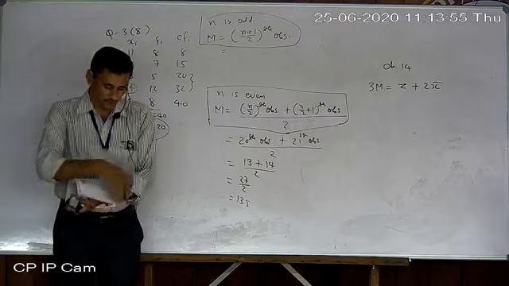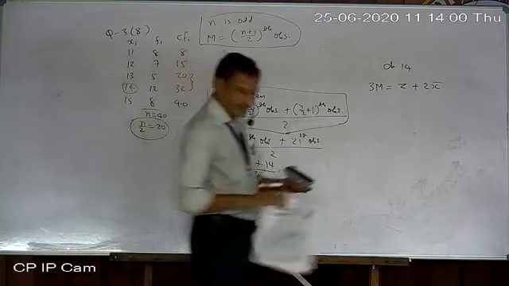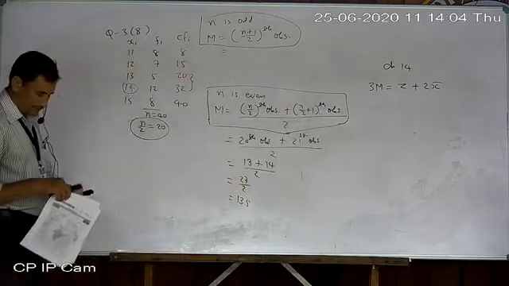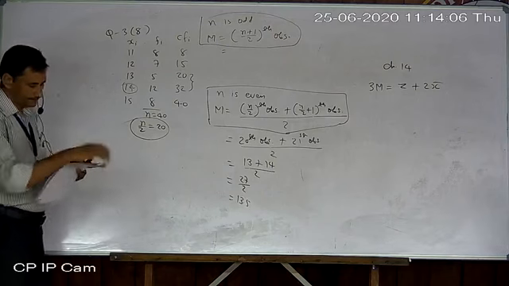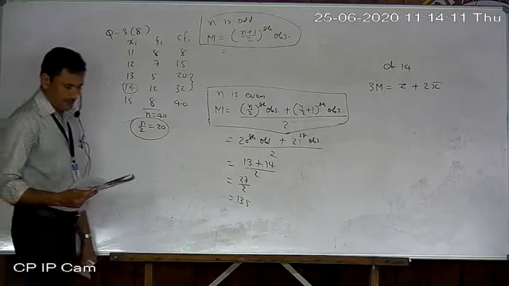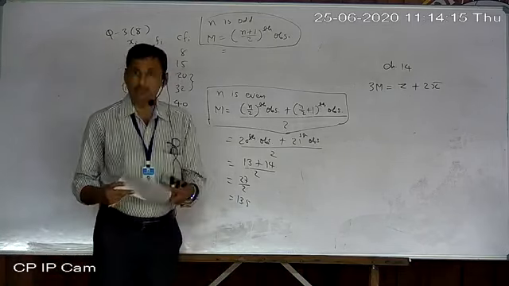Now come to lesson number 15. Objective 1, probability. Look one by one. In a mathematics exam, the probability of getting 50 out of 50.